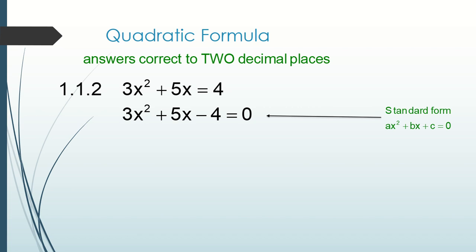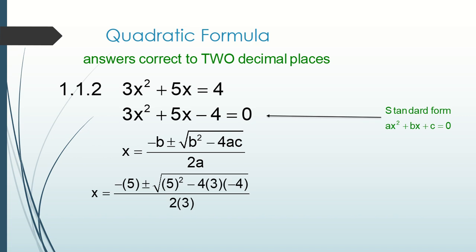Once you've achieved that, then you can try to move forward. You write your quadratic formula and you substitute your values, and then you get your final answers, and they are correct to 2 decimal places.